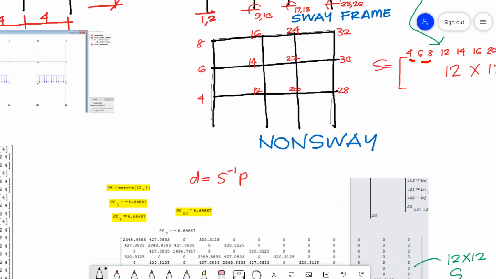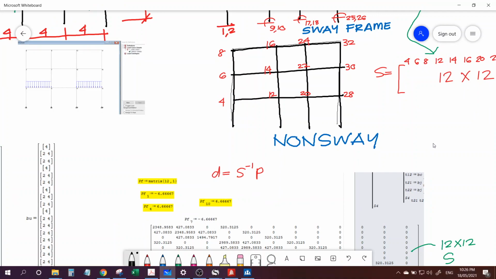So I have a load applied at the first degree of freedom, 4, and at the fourth, 12, and at 10, which is later.